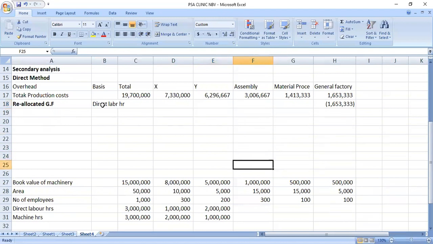So when I come to my direct labor, but I think guys, employees or direct labor, which one do you think is the right one? Feels like number of employees would be the best answer here, not direct labor hours. Yes, employees, yeah.